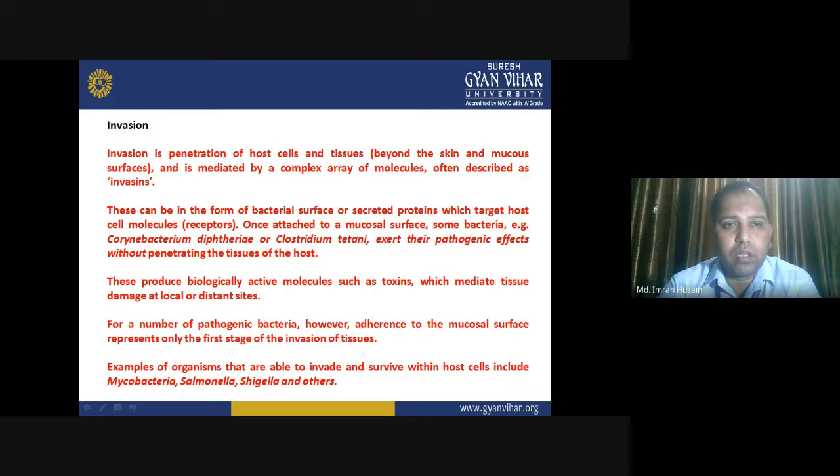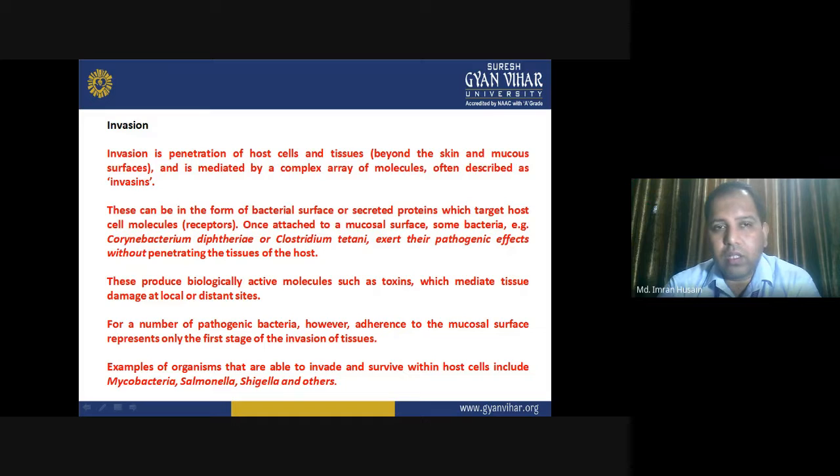Invasion is penetration of the host cell. When bacteria try to invade inside the host cell and tissues beyond the skin and mucous surfaces, it is mediated by a complex array of molecules, often described as invasins.